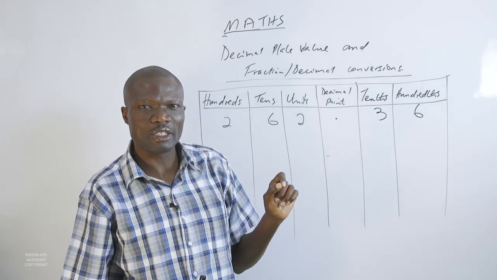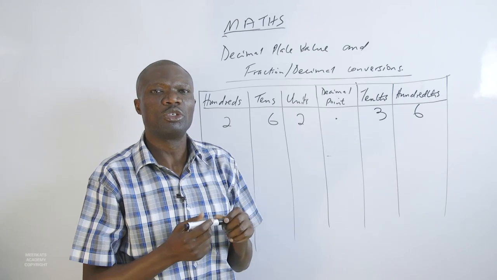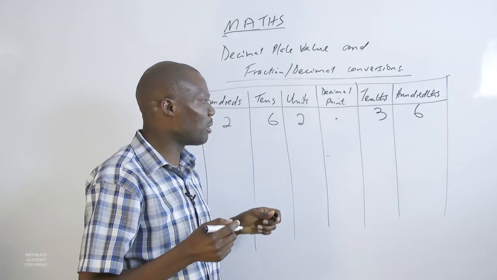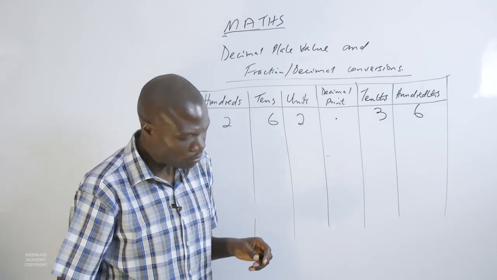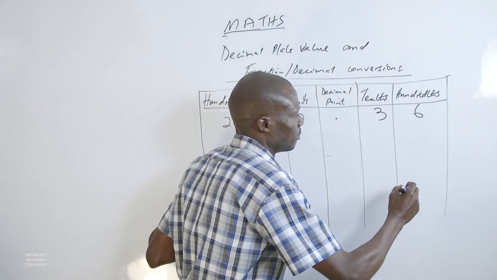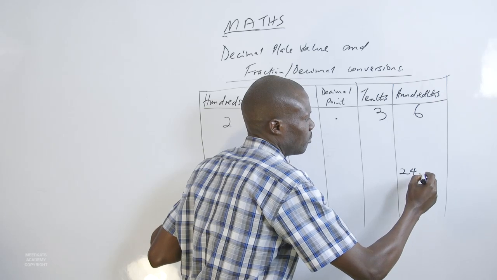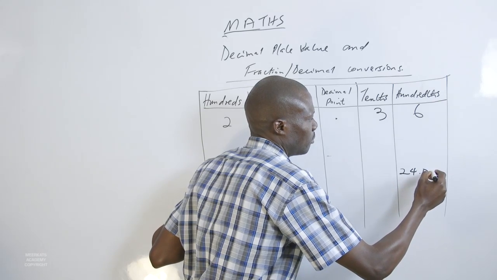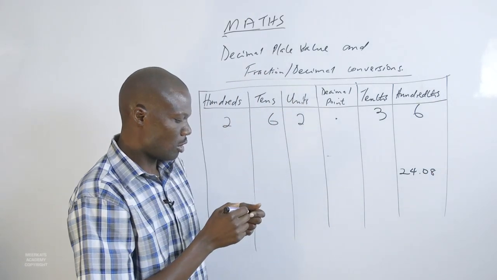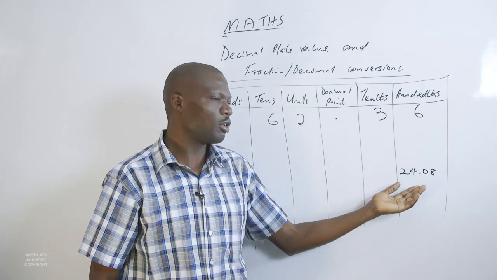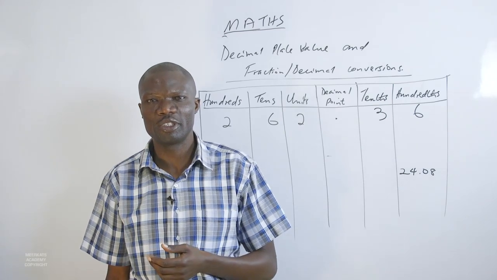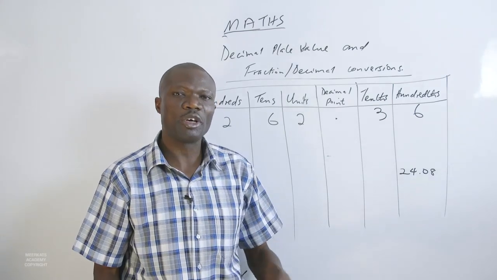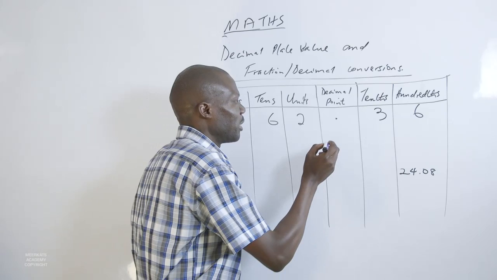So when you are asked, for example, to place 24.08 on a place value table, the decimal point will remain the same place.